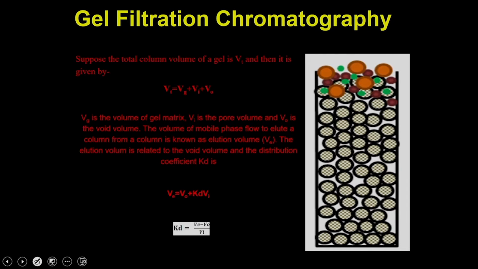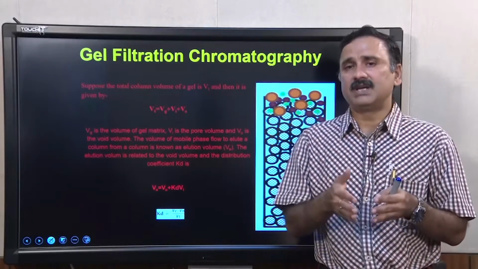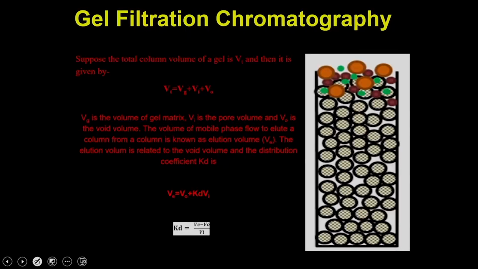Now, if you would like to exploit and utilize gel filtration chromatography, you have to understand the different parameters associated with it. When you pack a column, you are going to use the gel material, and the total amount of the gel you use, suppose it is the Vt, then Vt is equivalent to Vg plus Vi plus Vo.